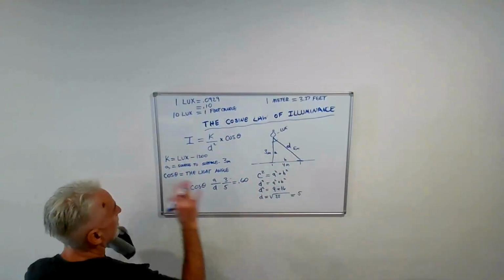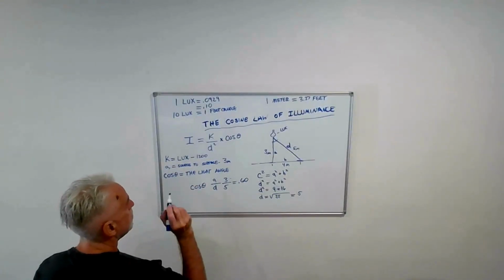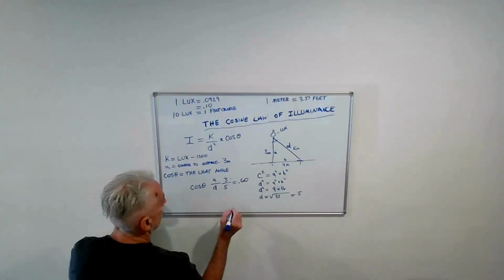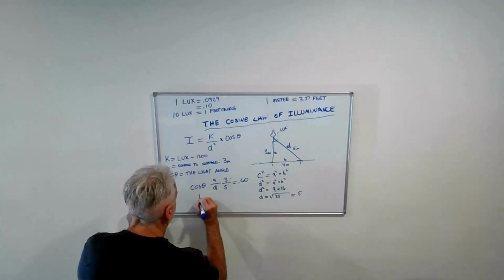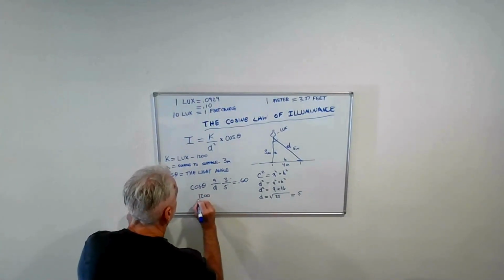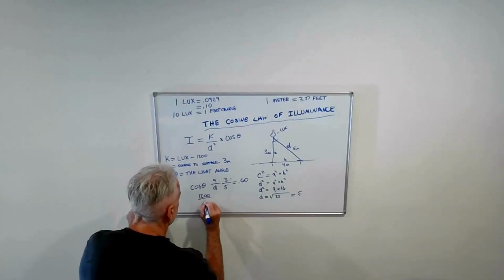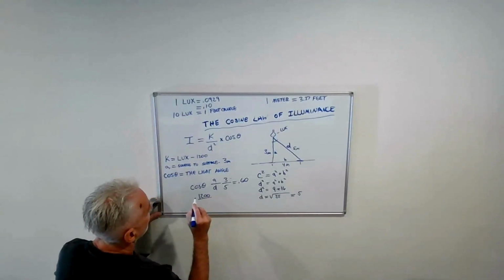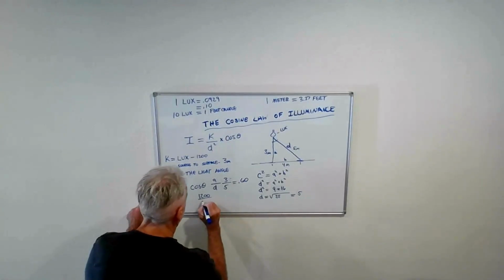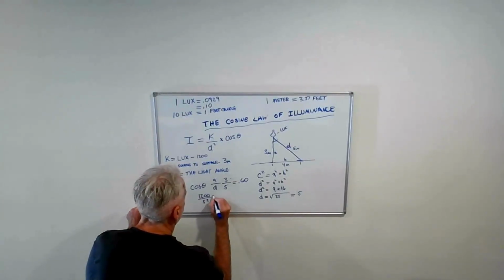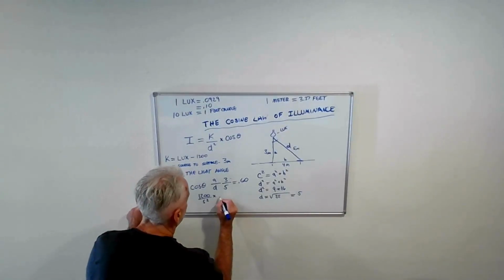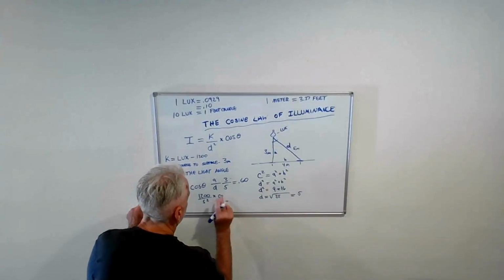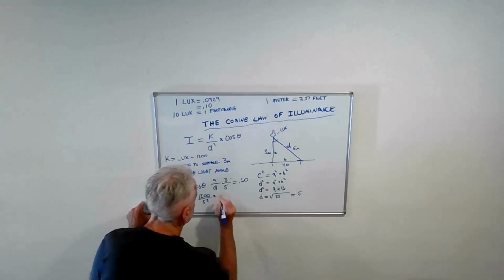So now we have everything we need to do the calc. We have 1200 over, now the distance is 5, so it's 1200 over 5 squared, times our cosine, which is 0.6.